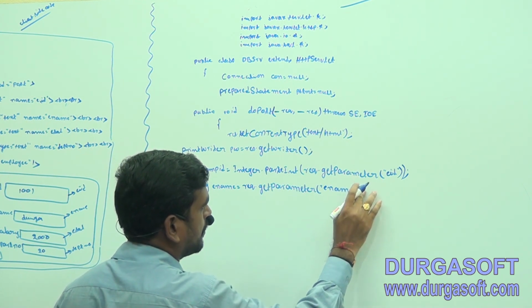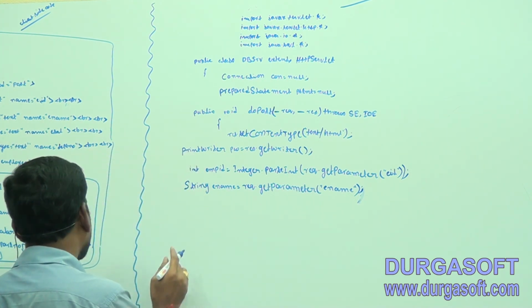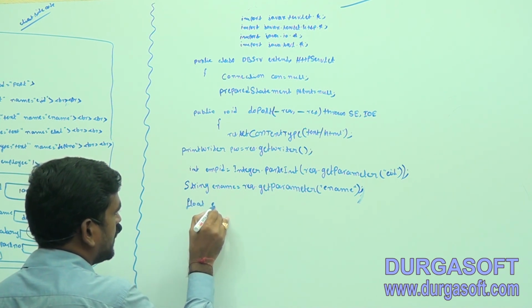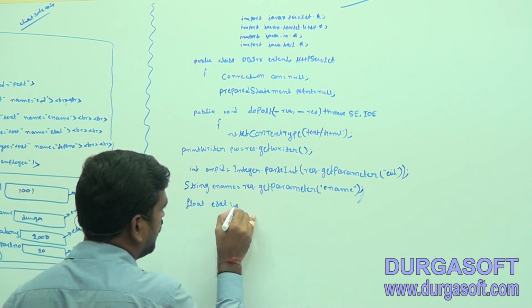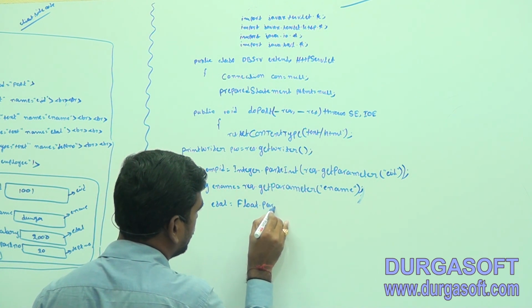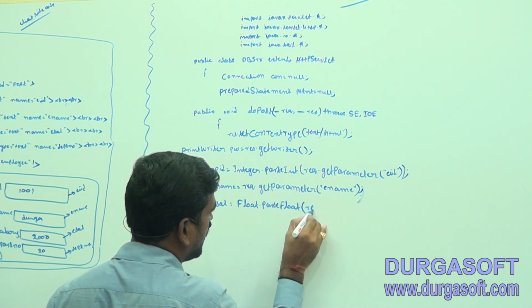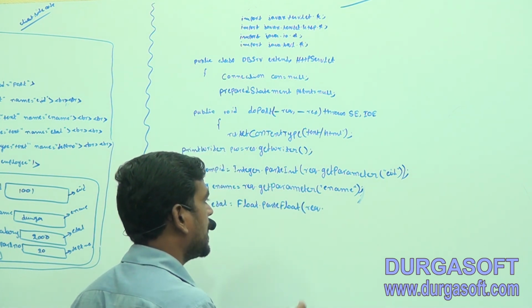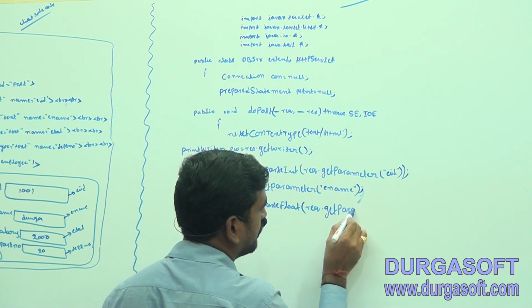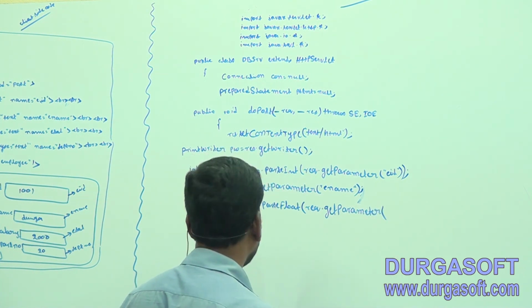The next, we need to get what, salary, float esal is equal to Float.parseFloat, under that req dot getParameter of esal.